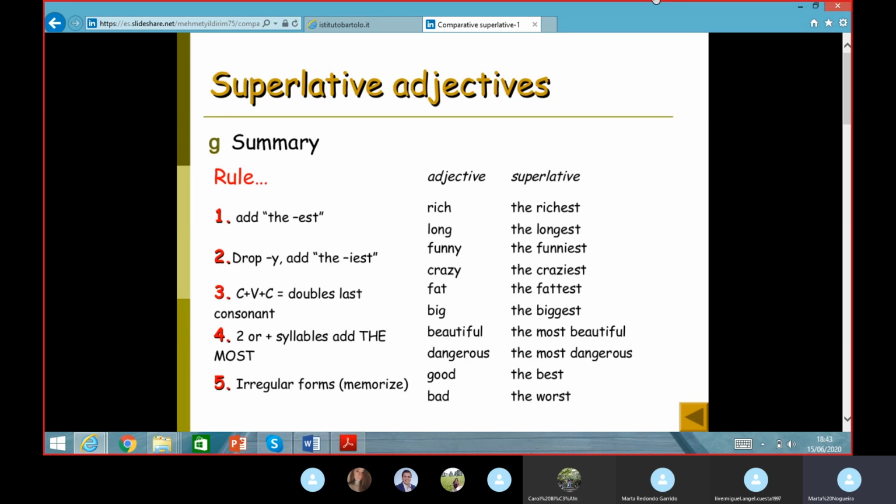Then we drop y and add iest with words ending in y. We also double the consonant when we have a consonant vowel consonant, and with 2 or more syllables, we add the most, okay, and we put the adjective. And then we have irregular forms, okay, so that's basically it.